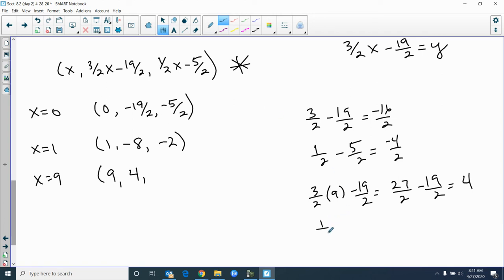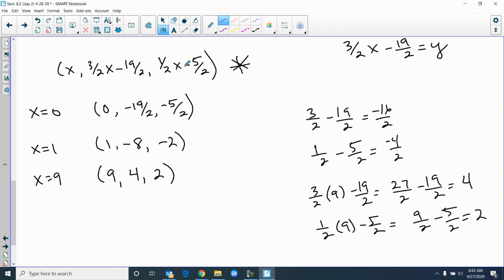And then I get 1 half times 9 minus 5 halves, which is 9 over 2 minus 5 over 2. That's 4 over 2, which is 2. So even though, depending on what numbers you pick, they all have to be the same. Now, like I said, you could have 3 different numbers from somebody else or 3 different ordered triples. But if you would happen to pick the same values, you have to come up with the same numbers.